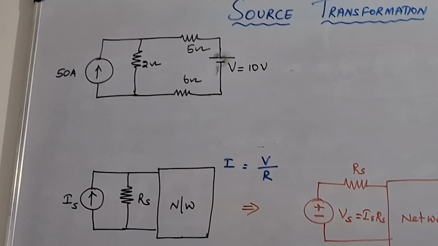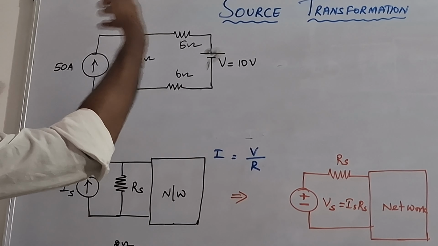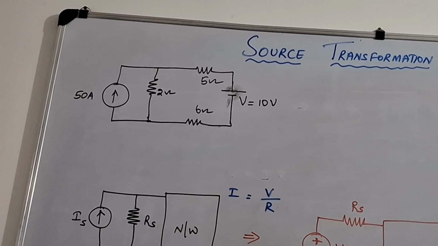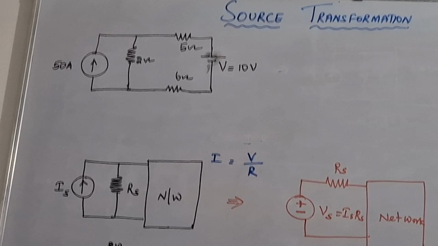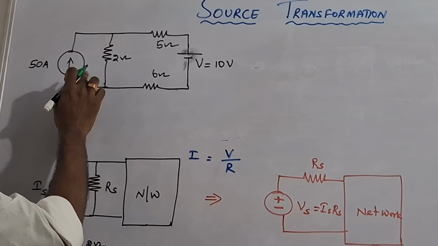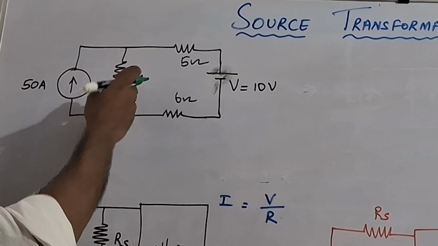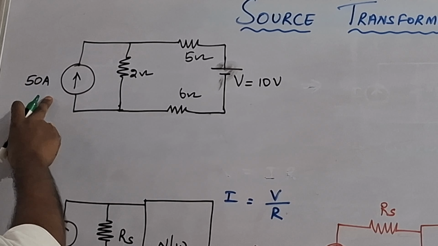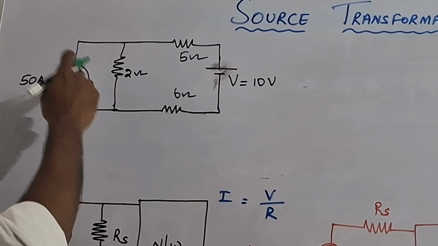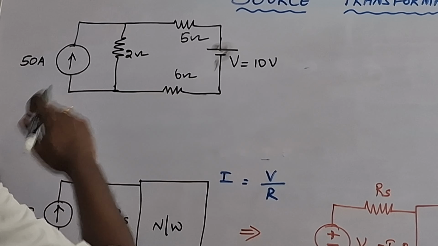Now we are converting this current source into a voltage source. What is the procedure? The 2 ohm resistance is connected in parallel with the 50 amps current source. So now we have to connect it in series with the source.